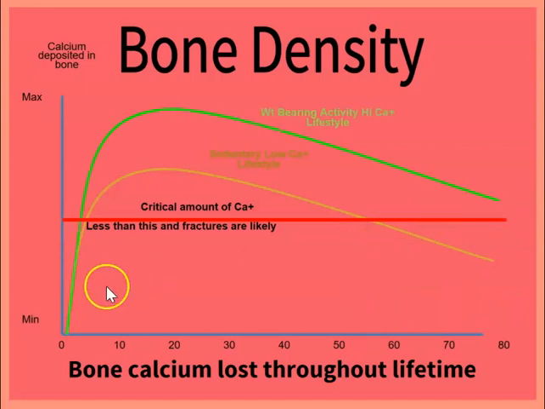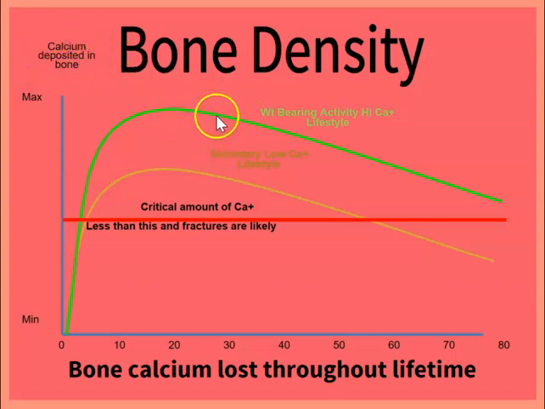Compare that to somebody who's been really active their whole life, maybe they're walkers, maybe they're dancers, maybe they're doing strength and conditioning, maybe they're doing HIIT or CrossFit, maybe they just are on their feet a lot. They are increasing the amount of calcium deposited within their bones.